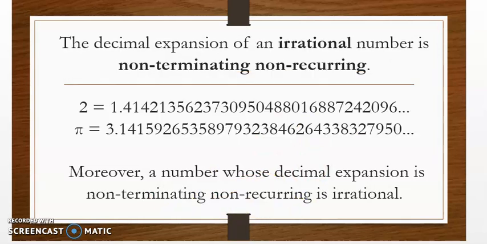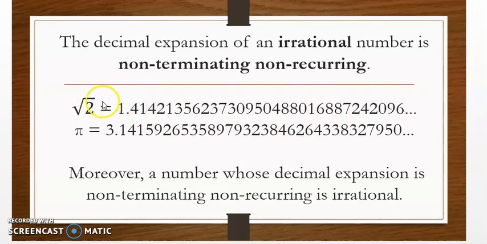rational number. Then we saw that the decimal expansion of an irrational number is non-terminating, non-recurring, which means it does not stop and it does not repeat itself. As you can see here, it is non-terminating because the digits in the decimal expansion do not stop, and it is non-recurring because the digits do not repeat in any pattern.